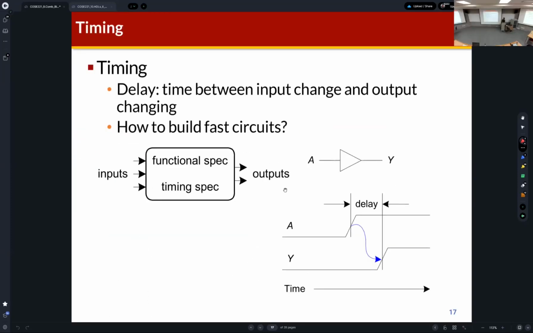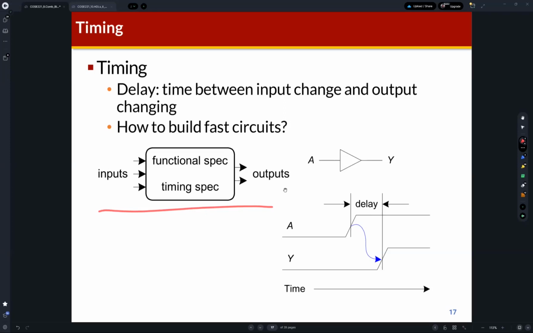What is timing? Until now, I believe you can remember this figure. This figure explains the components of a combinational module, right? I explained that a digital module includes the input ports, output ports, functional specification, and timing specification. Those are the four components of a digital module, or this combinational module.